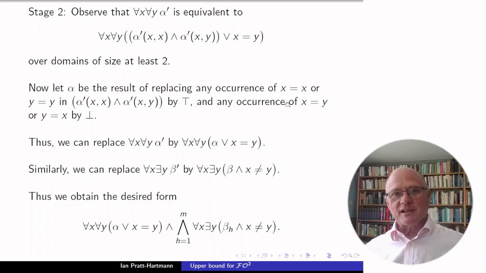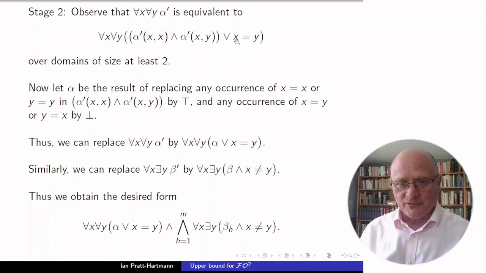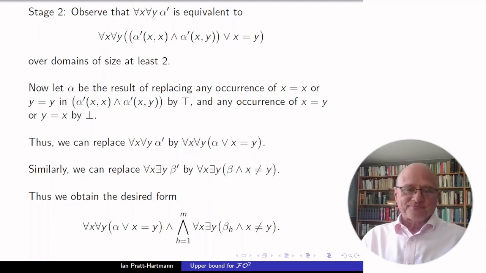And we'll replace every occurrence of x equals y or y equals x by bottom, because if x equals y or y equals x, then the second disjunct here is true anyway, so we're not going to affect the truth of the formula.